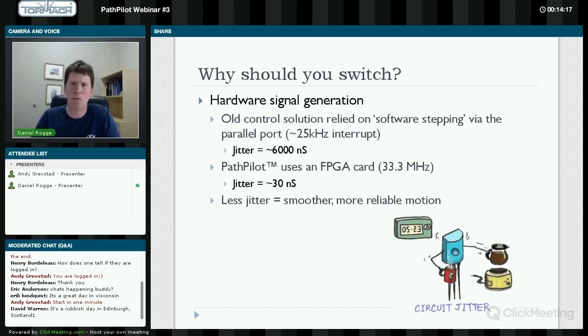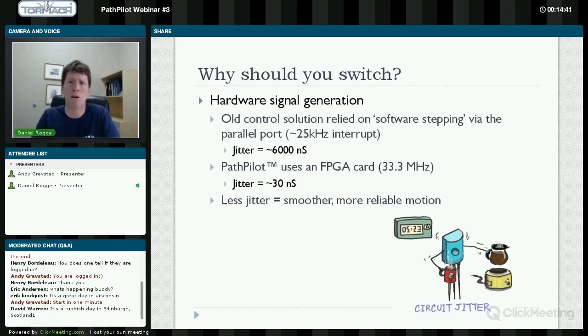And the computer has a pretty hard time doing that reliably. You get a fair amount of jitter. Got here, 6,000 nanoseconds. That's actually a pretty good figure. Some computers are much worse. It's one of the reasons that we sell a dedicated machine control computer, is that not all computer hardware will perform even as good as that jitter figure you see.